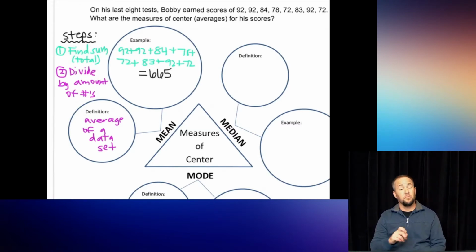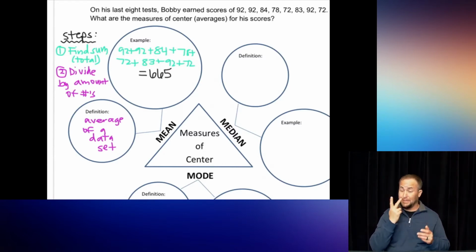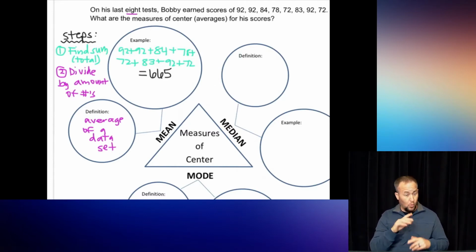All right, so hopefully we ended up with 665. With that number, like our steps say, we divide by the amount of numbers we have. Up here I've already listed that out for you: on the last 8 tests, so there are 8 numbers. When we divide that by 8, do that in your calculator.